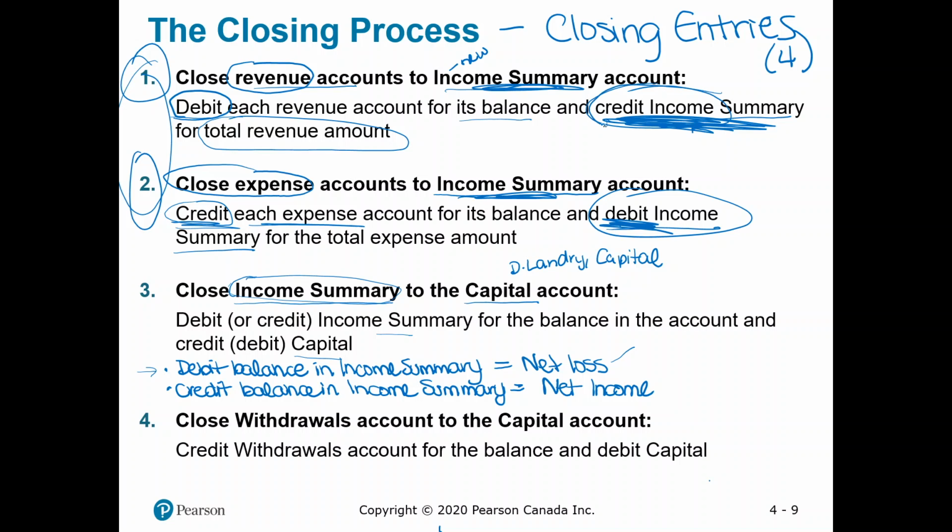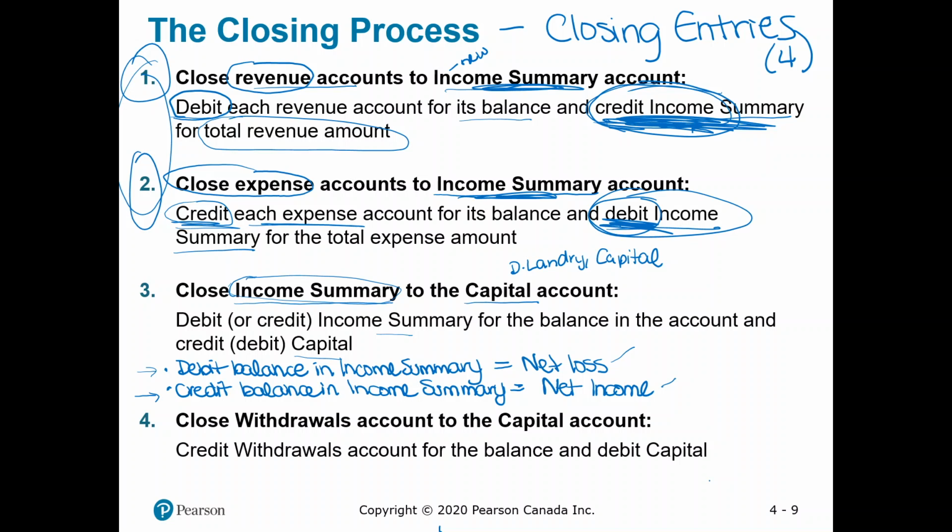If when you credited the income summary account closing your revenues, that credit was more than the debit from the expenses, that means that your revenues were higher than your expenses. You'd be left with a credit balance in income summary, which is net income. And we'll look at this when we go through an example with actual numbers, and it'll help you see that.